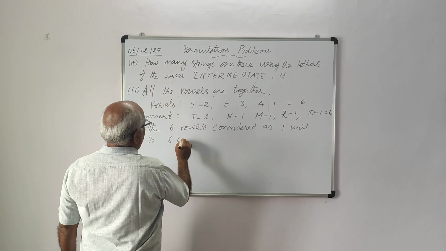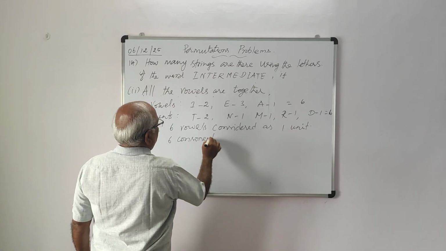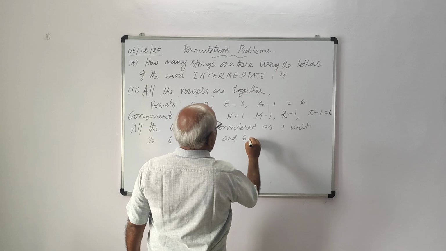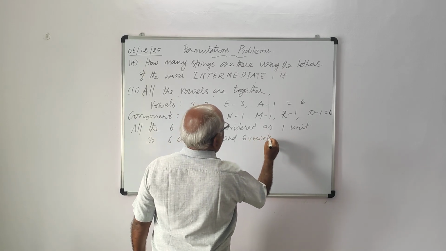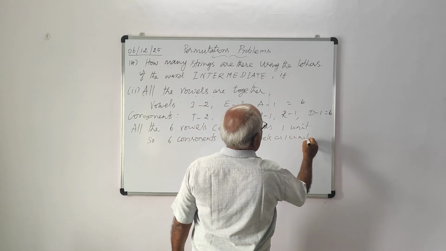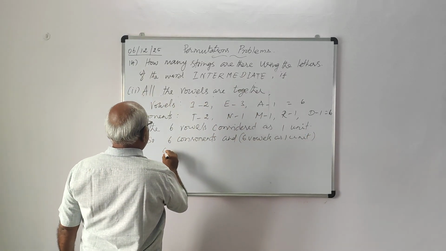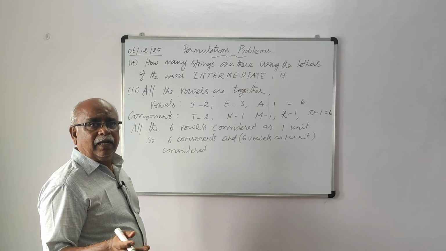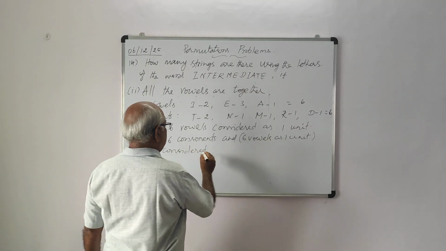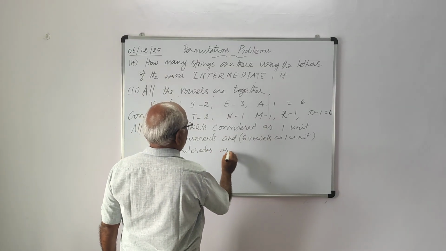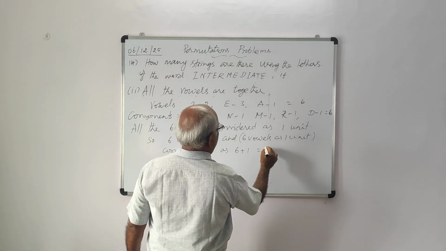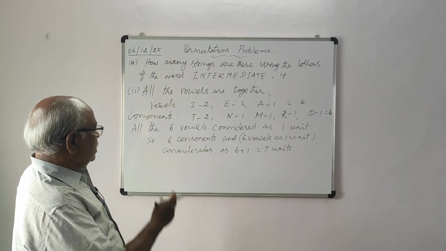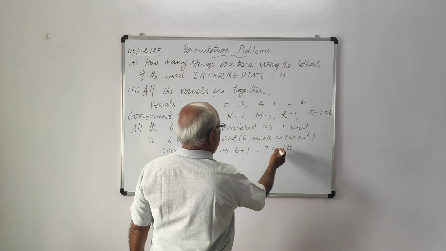So 6 consonants and 6 vowels as one unit, considered as 6 plus 1, 7 units. So these can be considered as 6 plus 1, 7 units.